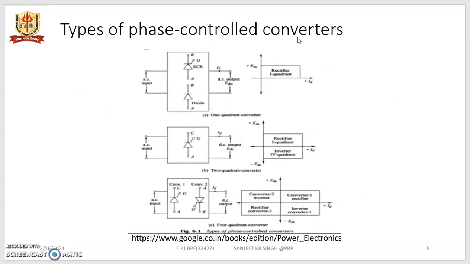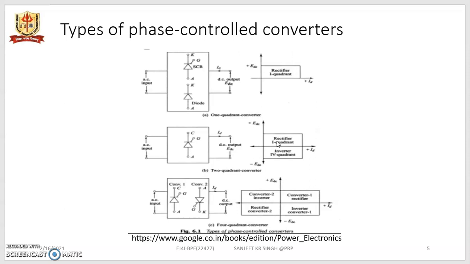Now types of phase controlled converters can be single quadrant, where it will be operated in the rectification mode and power will be flowing from AC source to the load, making use of SCR or diodes. Or second, we have the two quadrant AC to DC converter, where power flow can be in both forward direction as well as in reverse direction.